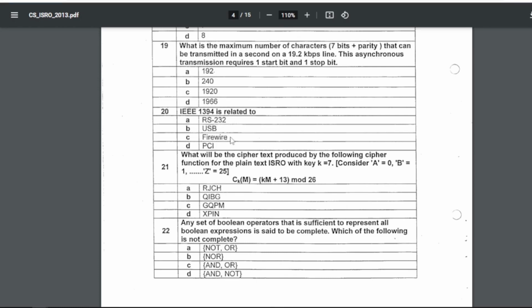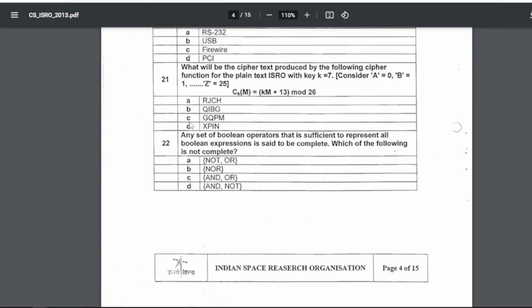IEEE 1394, also known as firewire, is an interface standard for a serial bus for high-speed communication and real-time data transfer. It provides a single plug and socket connection on which up to 63 devices can be attached with data transfer speed up to 400 Mbps. So option C will be the correct answer here.